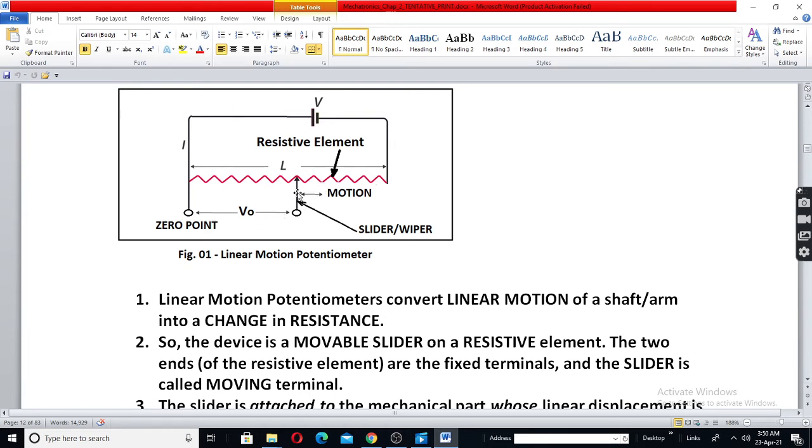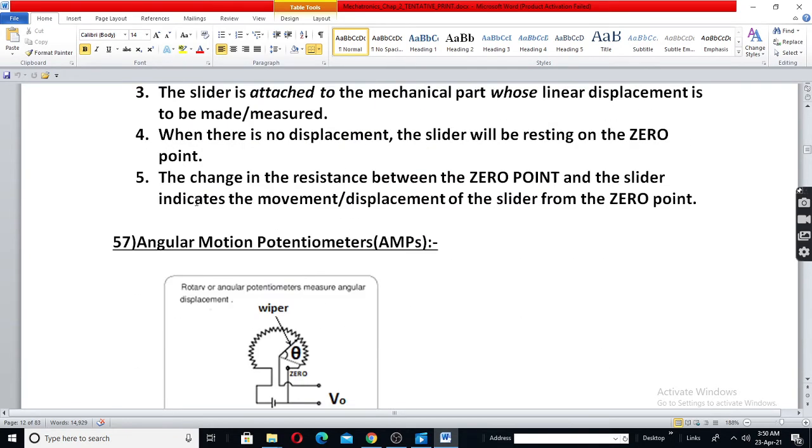If the displacement is 0, voltage will be 0. If the displacement is more, you will get more voltage. So the voltage is proportional to the displacement. So we can measure displacement here, that is linear displacement.